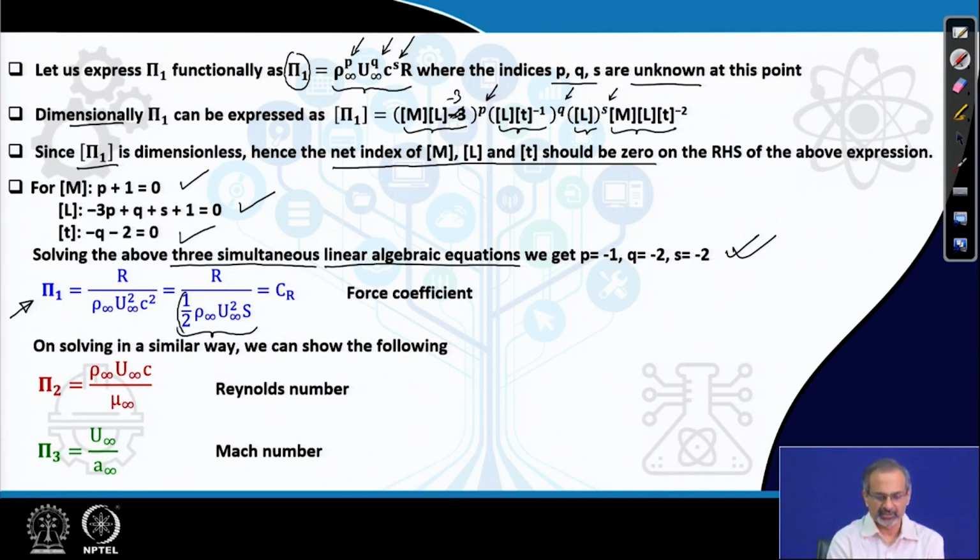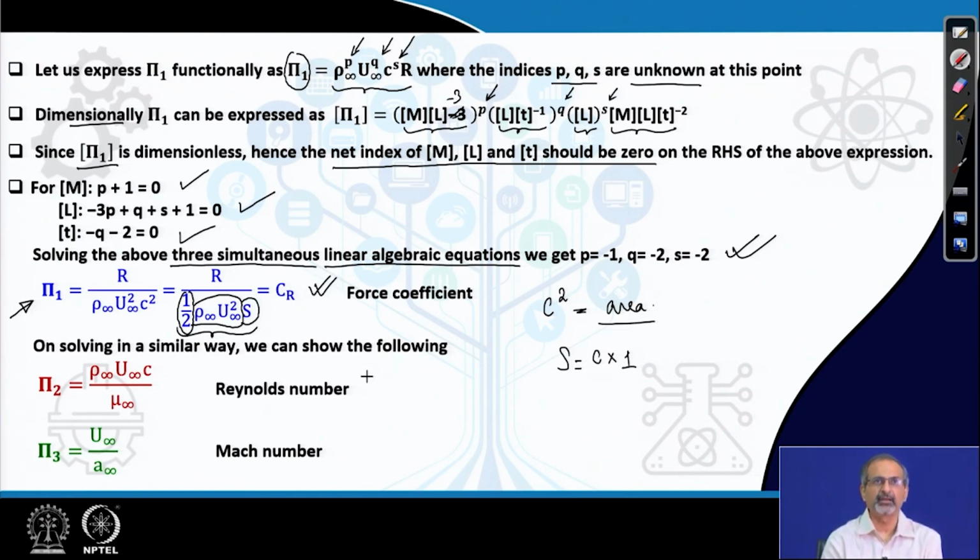Only thing is you have associated a half here, so that you can identify it as a free stream dynamic pressure, and instead of c square, c being a length scale, c square will represent some area. So, you are assigning a certain reference area, which may be the chord of the airfoil into unit span, that may define your area. So, this basically gives you a non-dimensional force coefficient.